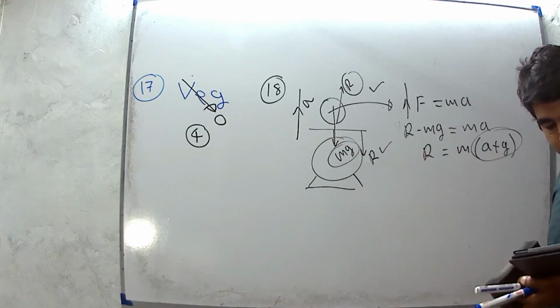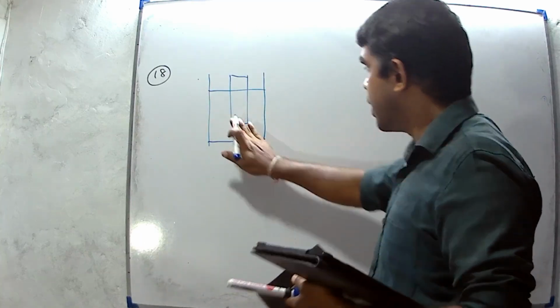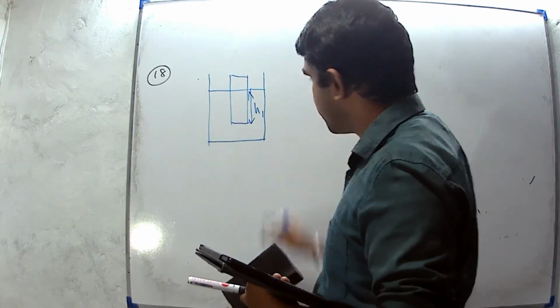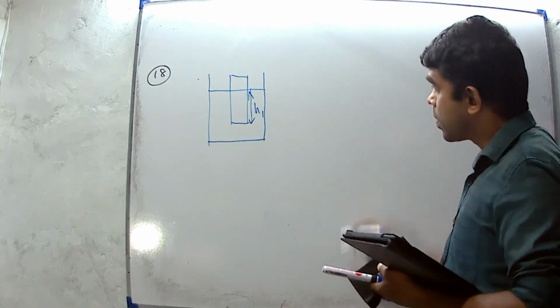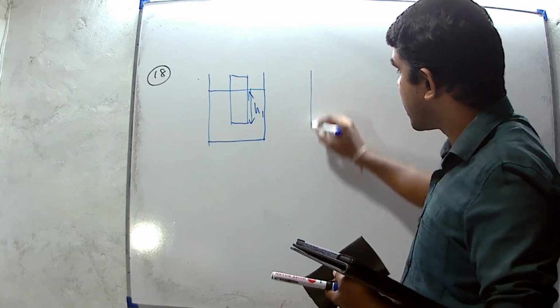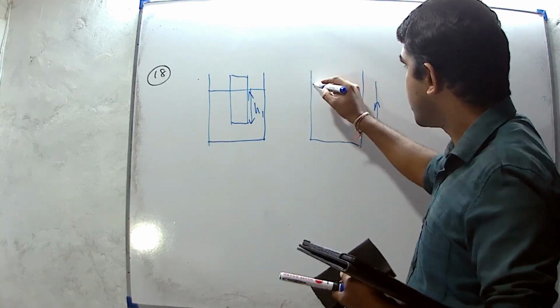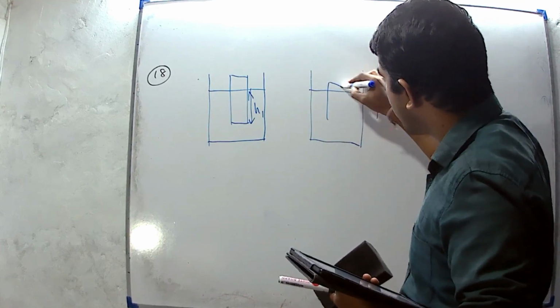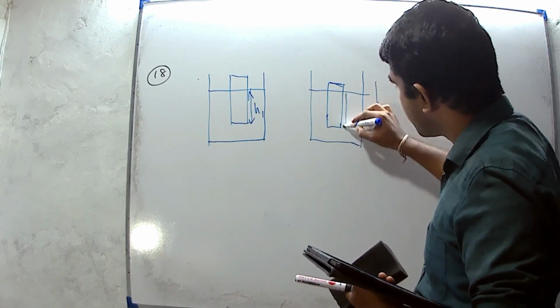Now, we have to find the height of the cylinder submerged in water. For the first situation, immersed height h1. When accelerating the system in upward direction, the immersed height should be like this, h2.